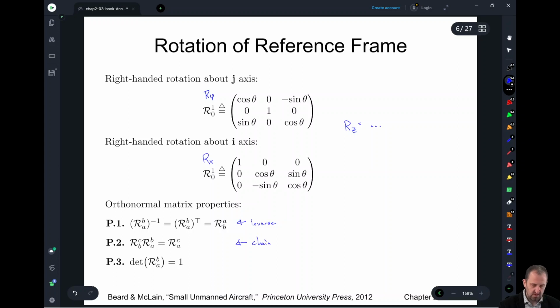If we want to chain rotations together, we can say that the rotation from frame A to frame C is just equal to the rotation from A to B multiplied by the rotation from B to C. So we can chain our rotations together. And this property here is that we are in SO(n), where n could be either 2 or 3, so that the determinant of our rotation matrix is going to be equal to 1. So we're in the special orthogonal group.